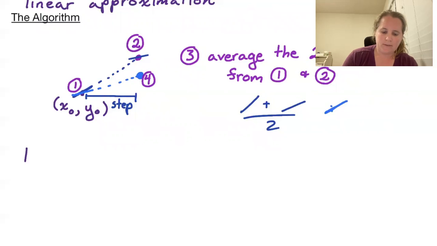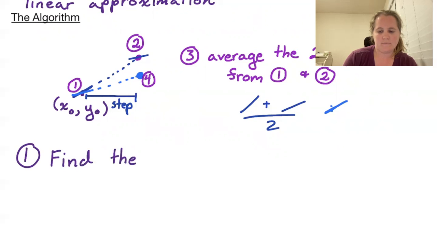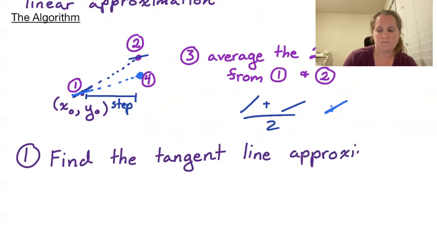So the first step is to find the tangent line approximation for y at the initial point x naught, y naught.